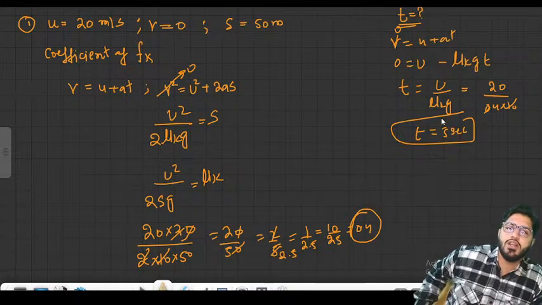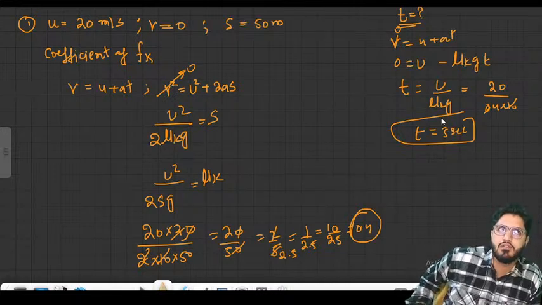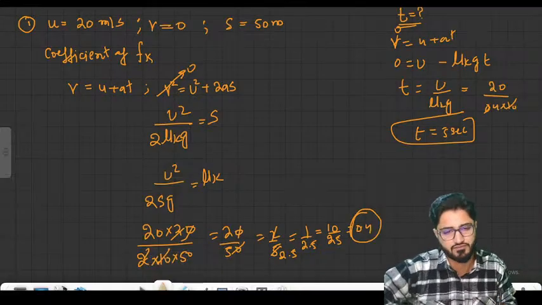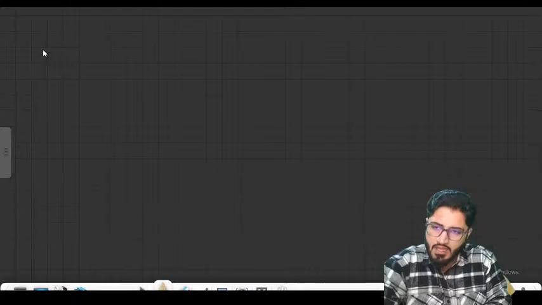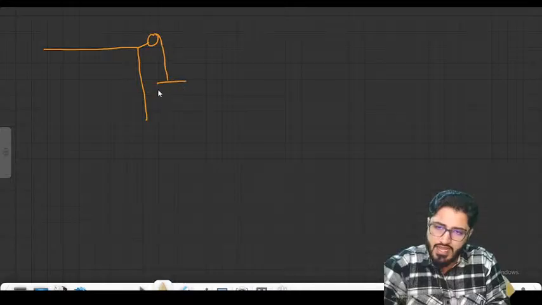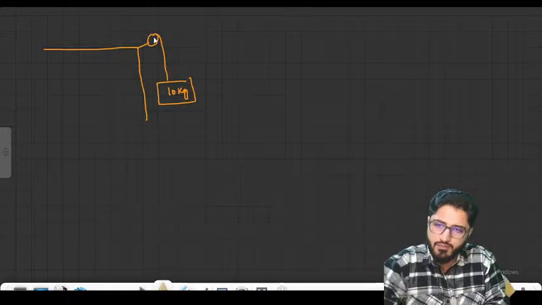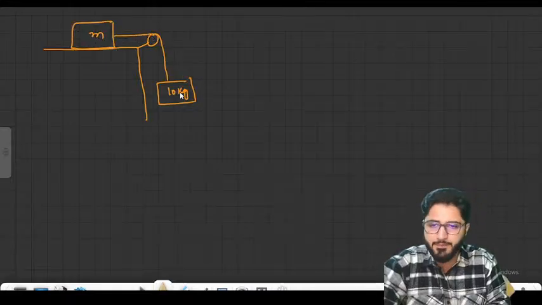Now, let us do a numerical in which there is a concept of tension also. Look now, we are having something like this. One box is hanging, mass is 10 kilogram. One box is there with mass m.